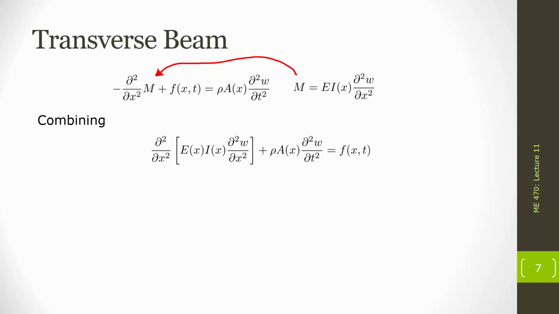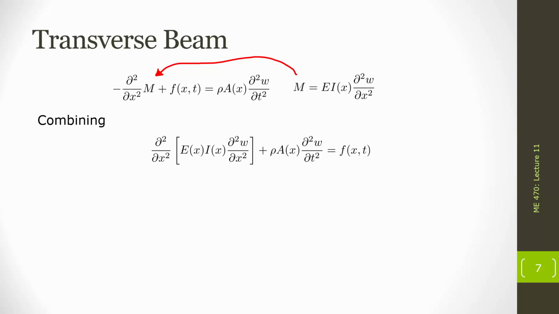You'll notice I did some rearranging so that instead of a negative on this term, I put it on the other side. So now I have my first term plus rho A on the left-hand side equals F, and everything is positive the way I have it written.